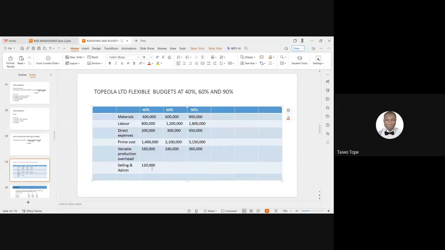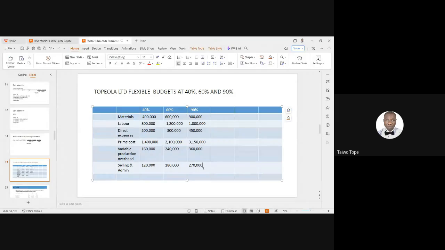Then 60% of that 300,000 will give us what? 180,000. And 90% will give you what? 270,000.